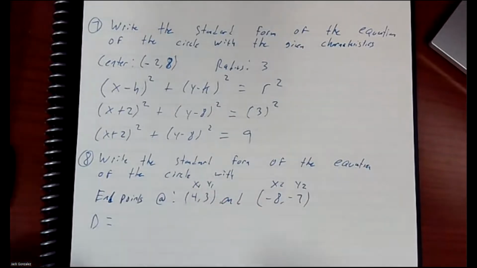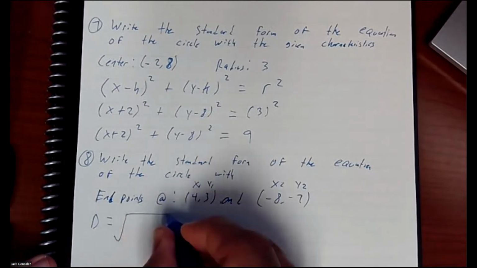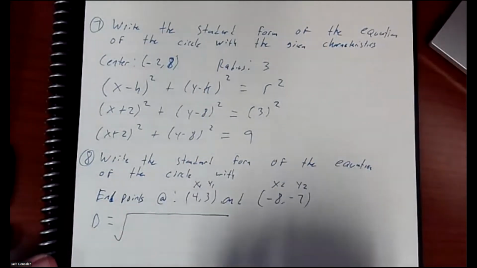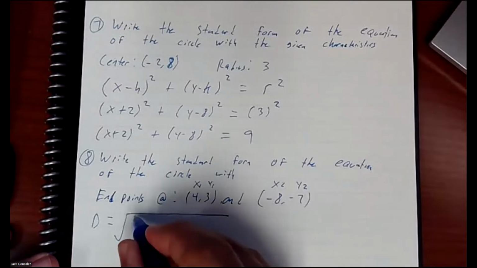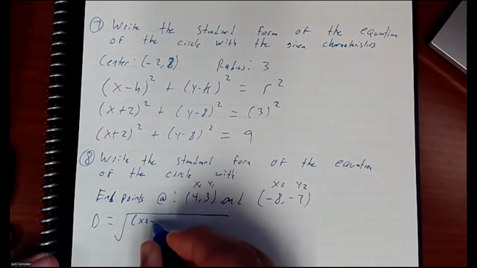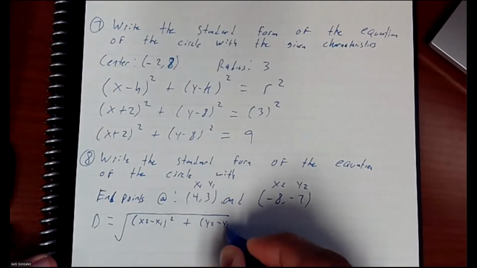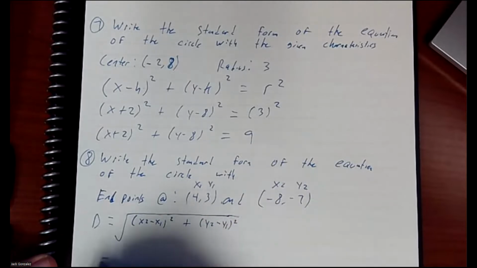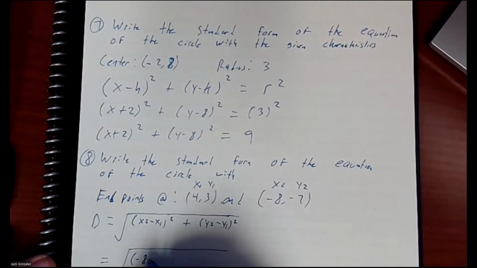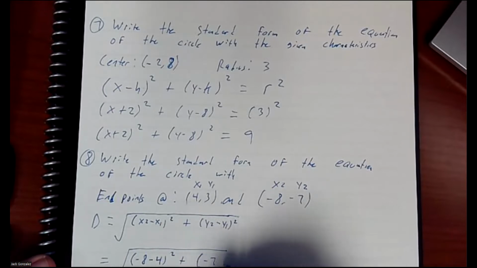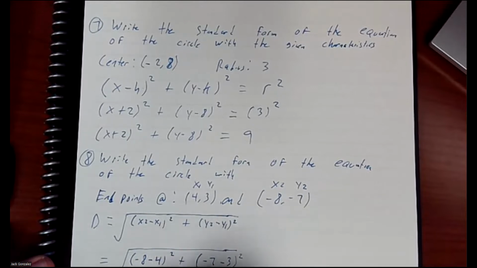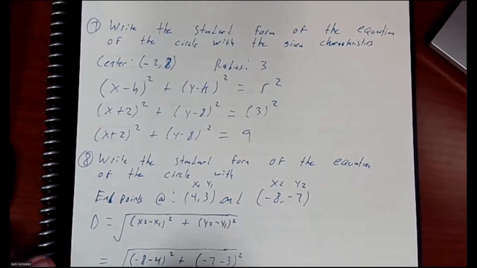Distance will be x2 minus x1 plus y2 minus y1. That'll be -8 minus 4, -7 minus 3.